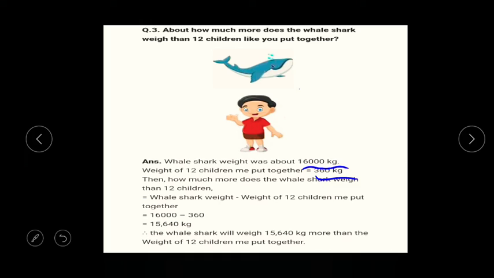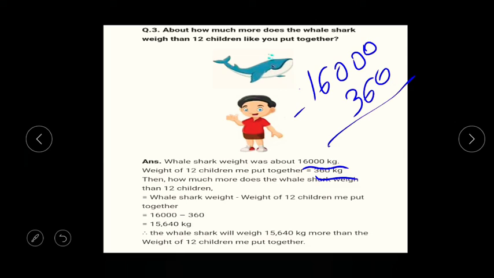So to calculate how much more does the whale shark weigh, we have to subtract weight of 12 children from the weight of the whale shark. That is, we have to subtract 360 from 16,000. 16,000 minus 360.